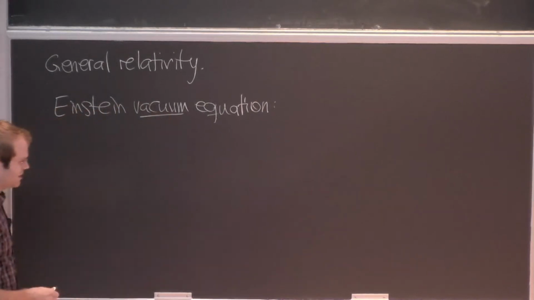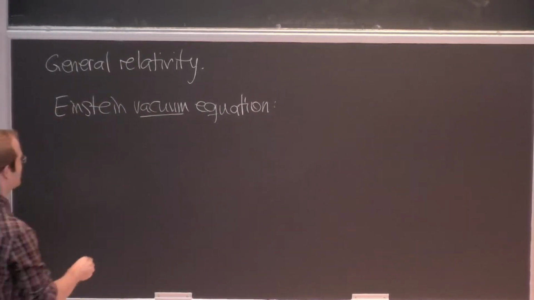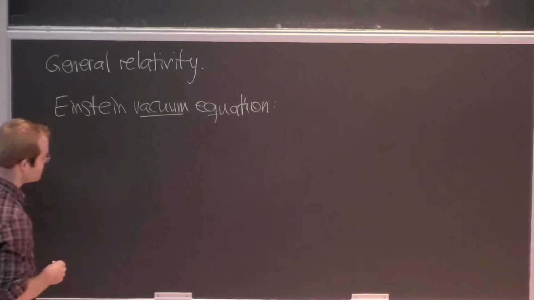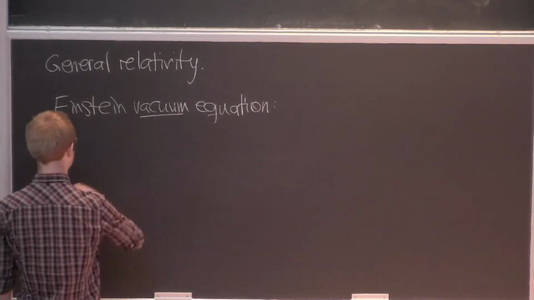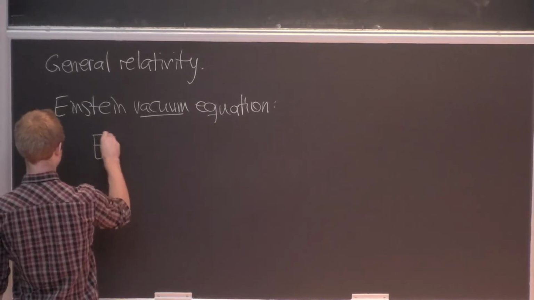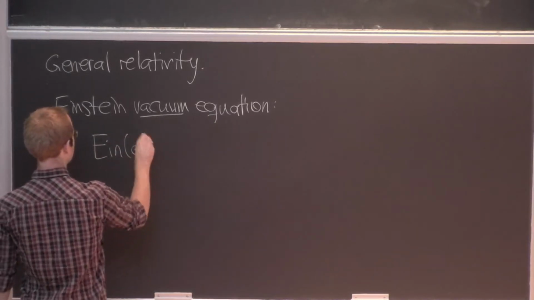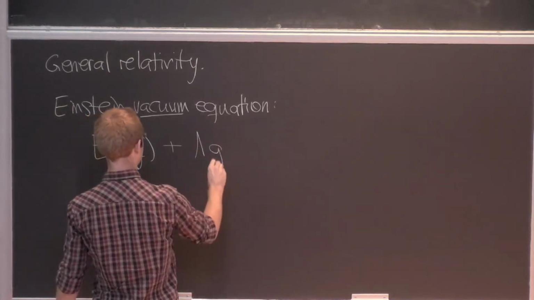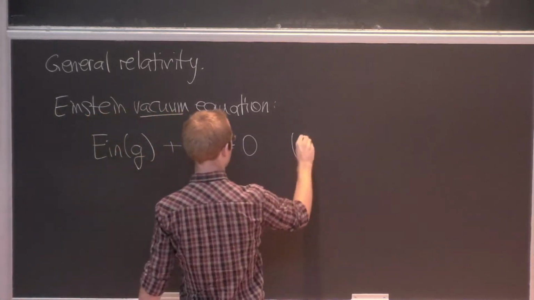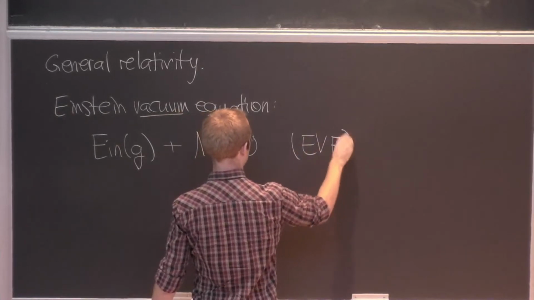You can look at all kinds of matter models, for instance, plasmas that you see on this Event Horizon Telescope picture. But I'm only going to focus on the simplest equation here, which says that the Einstein tensor of a metric G plus a number lambda times G is equal to 0. So that's the Einstein vacuum equation.